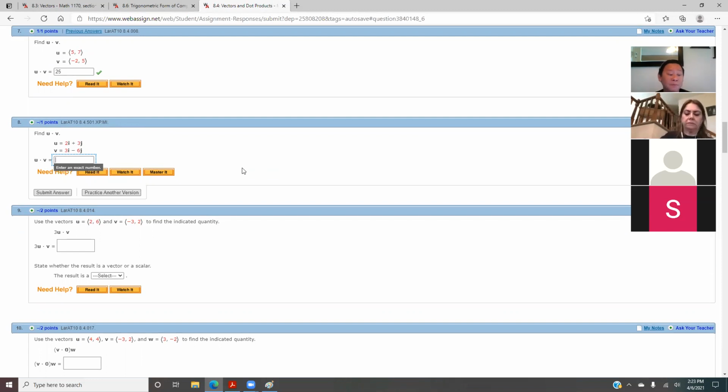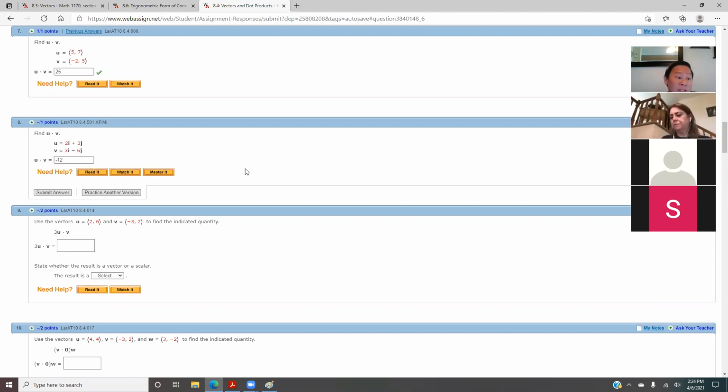It's just a number. Anyone? What is u dot v in this case? Negative 12. Yep. And it can be negative, so that's it.